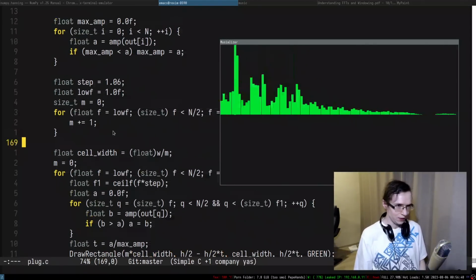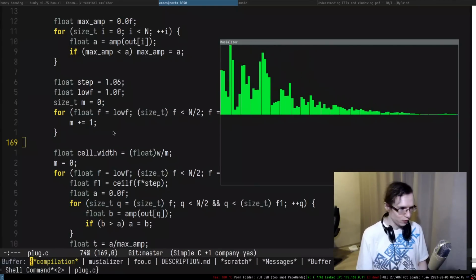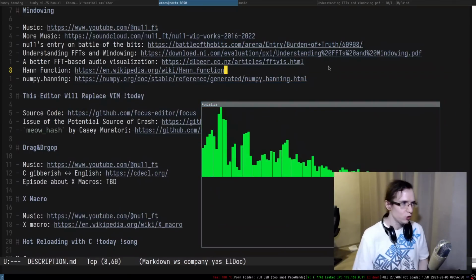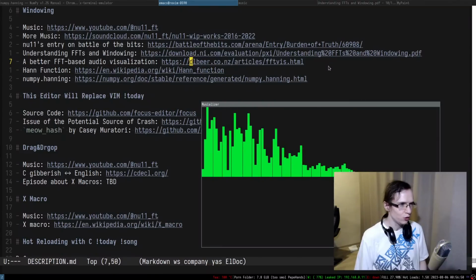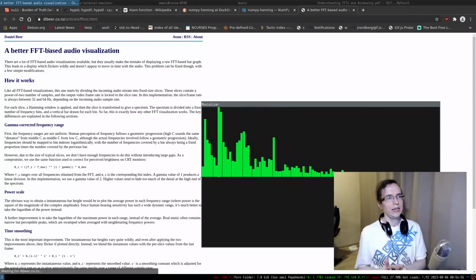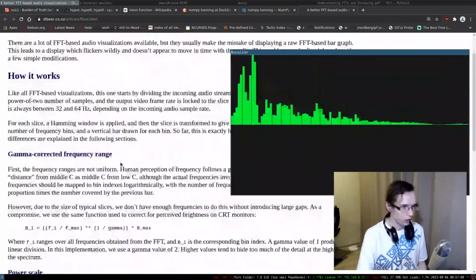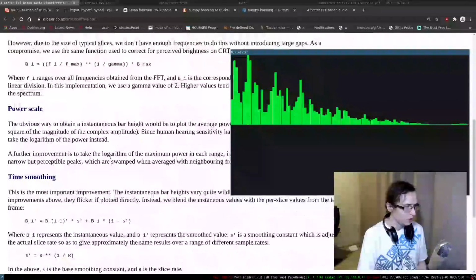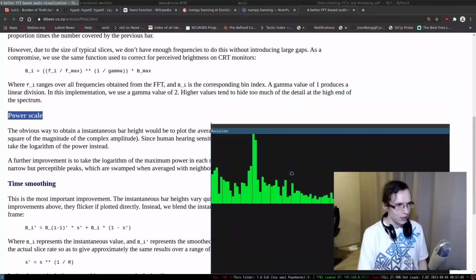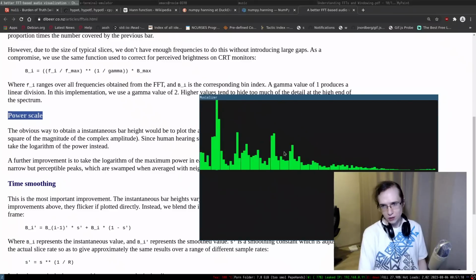So, another thing that we probably need to do. There's another article that I found online that basically talks about FFT and visualization. It's called A Better FFT Based Audio Visualization. I'm also going to keep it in the description. There is another interesting idea mentioned in this particular article. It's a power scale. Essentially, it's scaling these amplitudes in here.